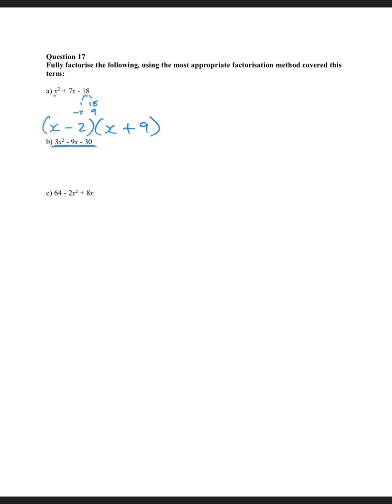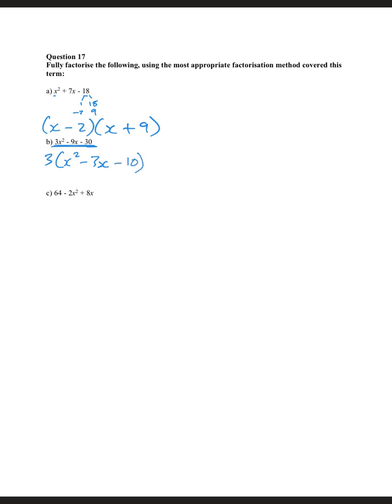This one here, I don't have any factorization rules that let you have a number in front of x squared, so I need to remove that. So remove it as a common factor. What do I have to times 3 by to get 3x squared? x squared. What do I times by 3 to get negative 9x? Negative 3x. What do I times by 3 to get negative 30?